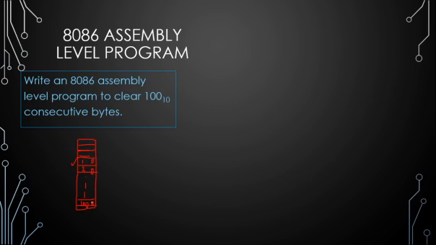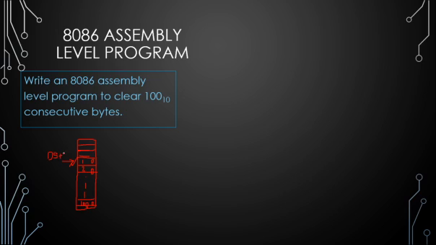So how do we do that? First of all, we require this particular address, right? That is a physical address. How do you get that address? You need to add the address of the data segment register plus an offset.